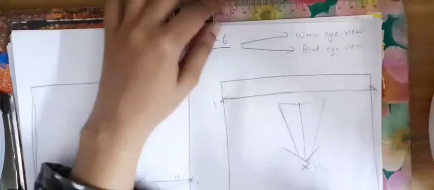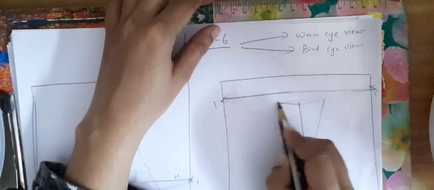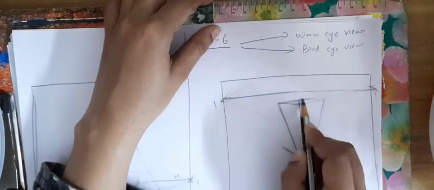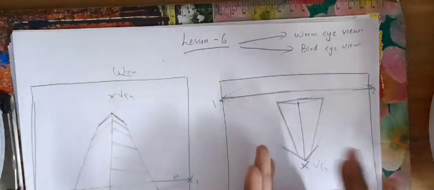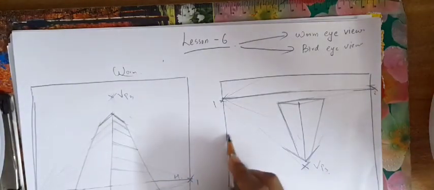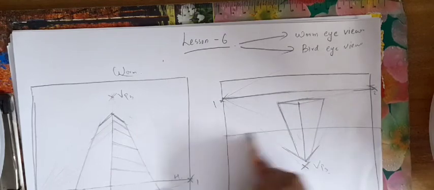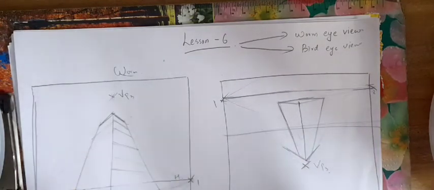When the bird eye level shifts to here, the whole thing changes. I'll tell you how it changes. The bird will not be able to see the rooftop. That's the one change. So it will be like this. Now again drawing, if the eye level is here, how does the building look?